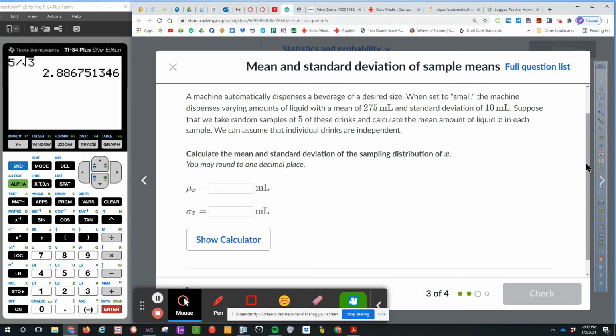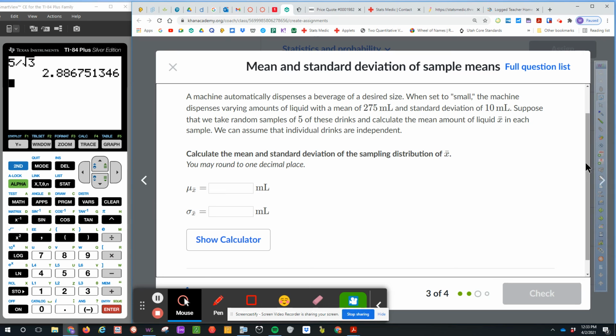Suppose that we take a random sample of 5 of these drinks and calculate the mean amount of liquid, X bar, in each sample. We're not given the population size, but can you imagine a machine that dispenses beverages should be able to give us many, many drinks. So I would not be too concerned about the population size here.